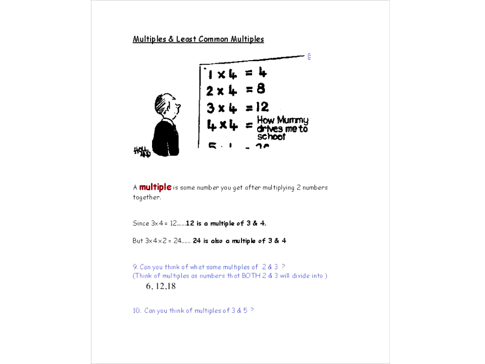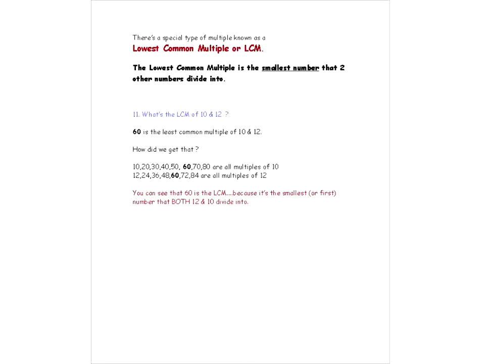Good. Right on. How about 3 and 5? Can you guys think of some multiples of 3 and 5? 15, 30, and 45. Good examples. You guys are on the ball. Right on. I think you guys are getting this stuff. So that's multiples for you.